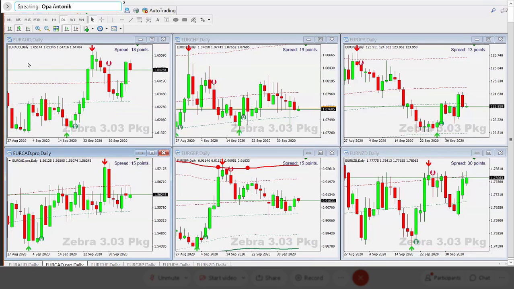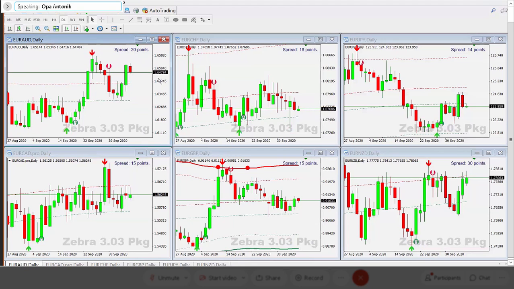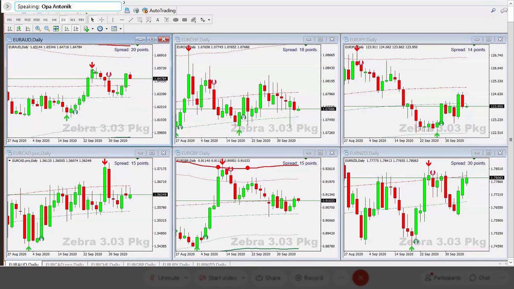It's taking me more time because I'm talking about what we're looking at, what we're looking for, than what's happening here. So we have the Euro Aussie. Let's see. You see, we had an alert here. There was the alert, but we didn't have a prior dot in the channel. So if you wanted to trade this on a daily basis, you would have had to go and wait for the confirmation.